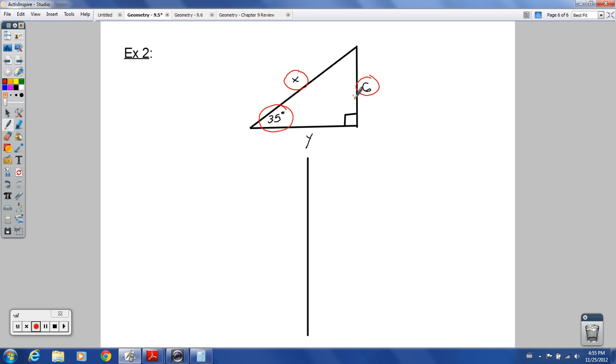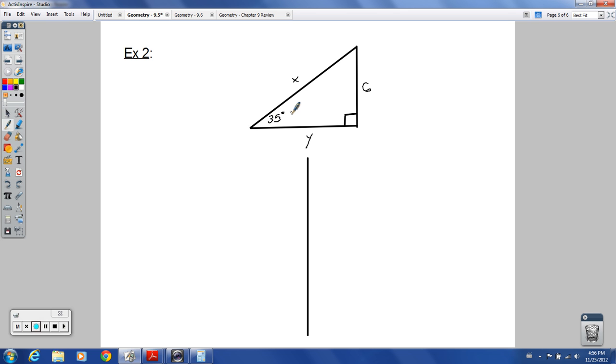Before, you would have said, oh, I'll use the Pythagorean theorem, but you have to have two of the three parts to use the Pythagorean theorem. We're missing two sides. We have just one side given to us. But if we know one of the angles, we can use trig. We can use trigonometry to figure this out. Very, very useful because of that. And so let's start working this through. I'll get rid of those circles there, but keep in mind those are the ones we're using.